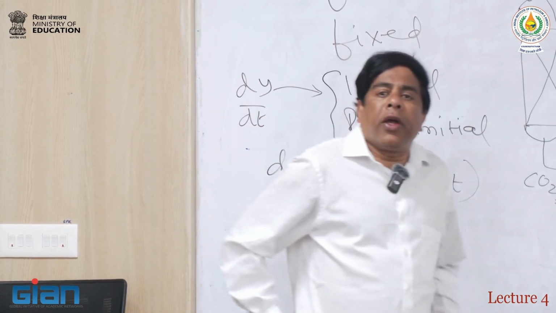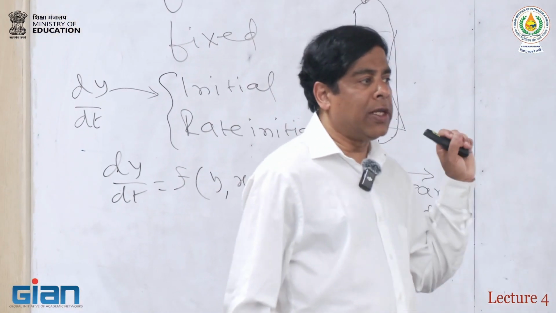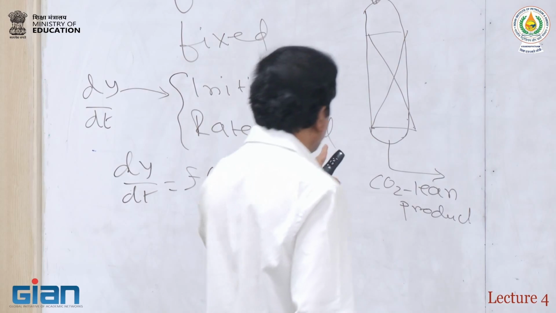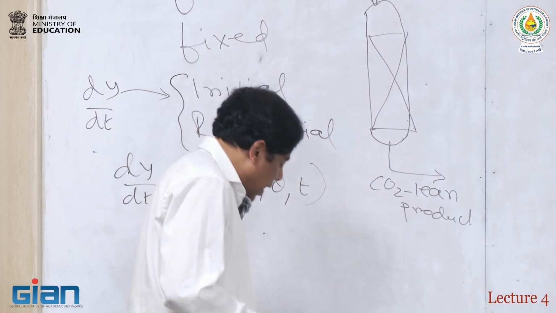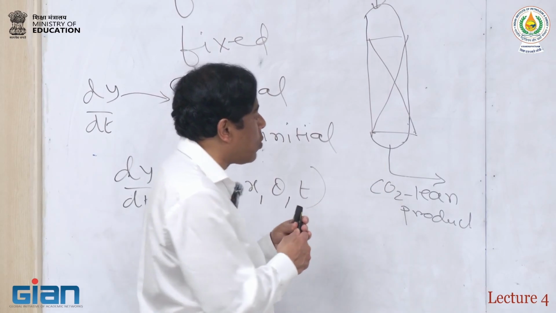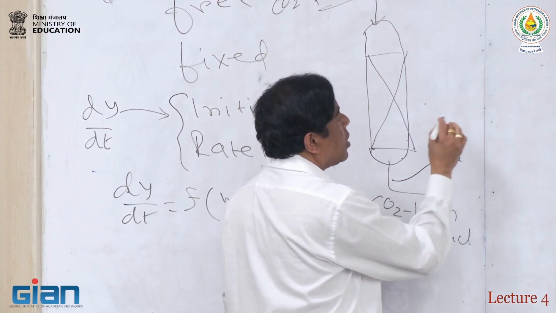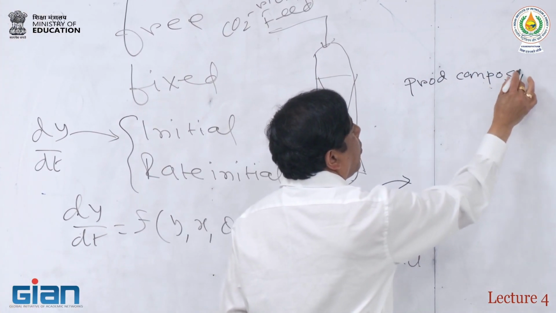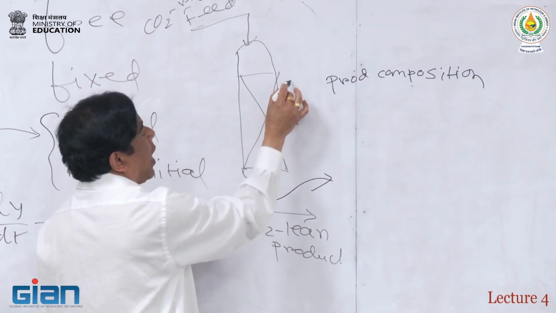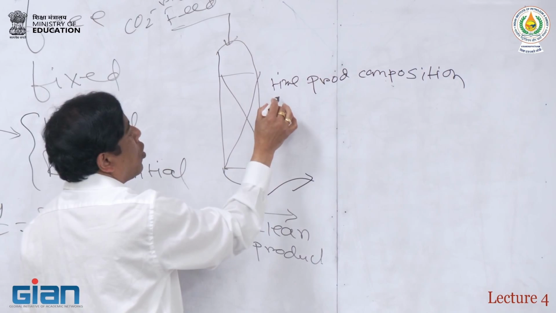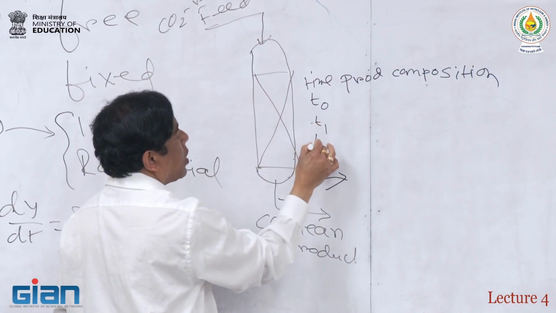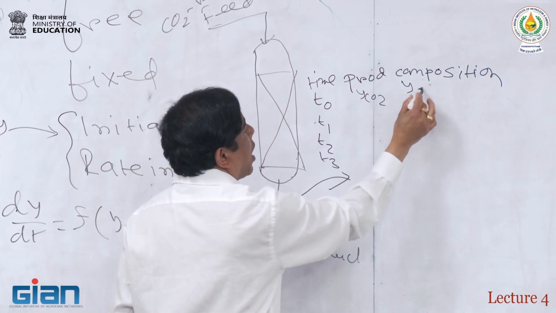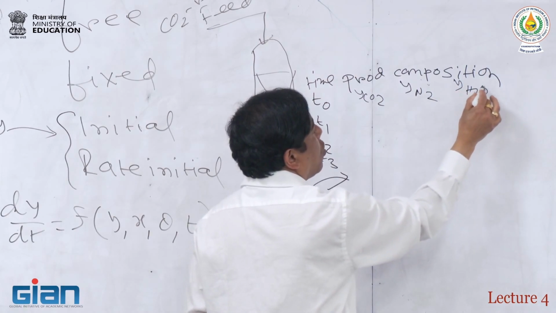The problem comes when you go to an experimental system and somebody measures one of the variables, like these outputs. They will give you it as time series data. If somebody is observing the product composition with respect to time, we'll say T0, T1, T2, T3, and they'll give you Y CO2, Y nitrogen, Y H2O, and all of those.